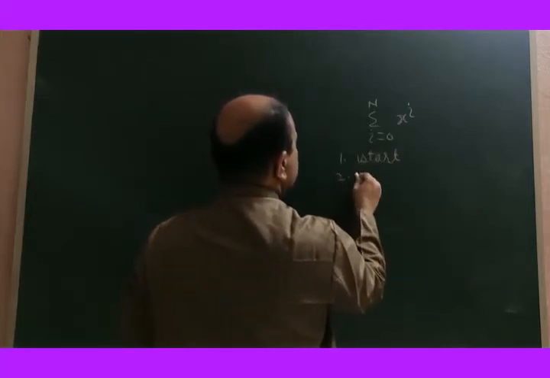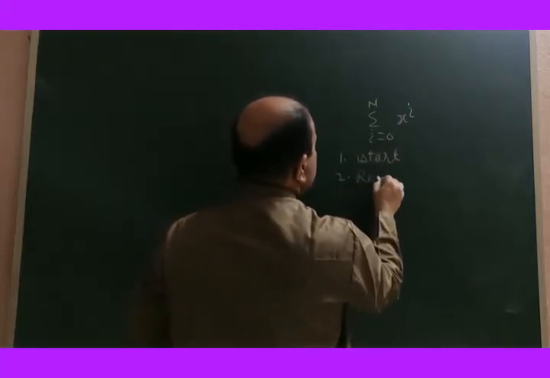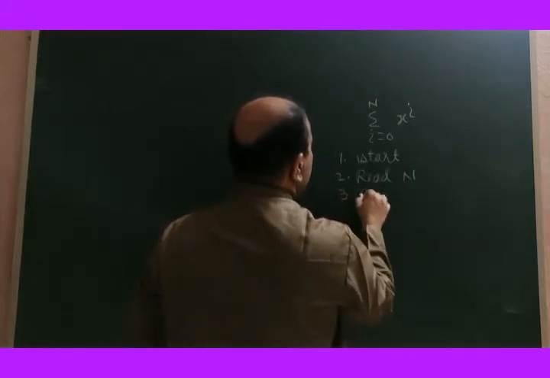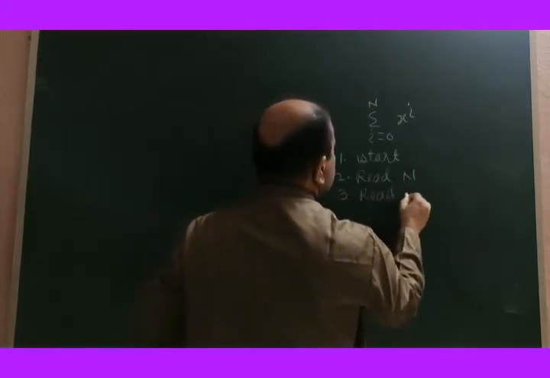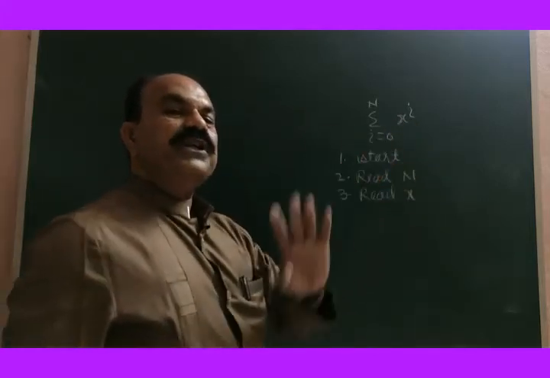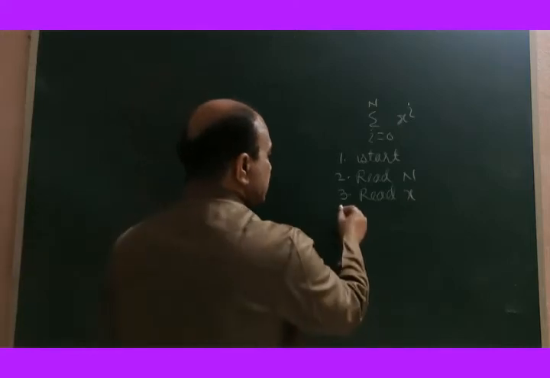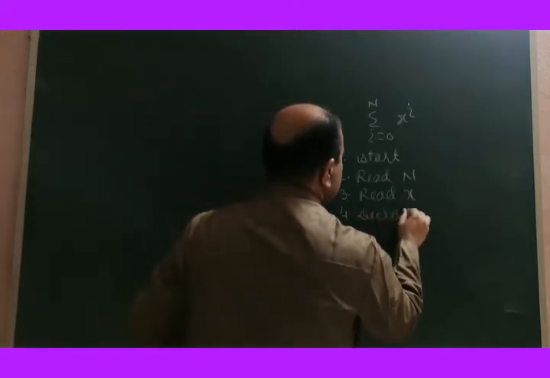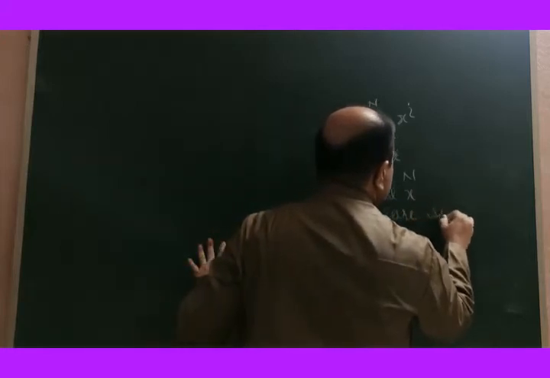Second point, read n. Third point, read x. X is also a variable, so you have to read the value of x also. Then declare sum. The same thing.